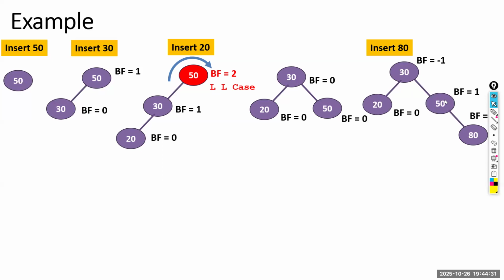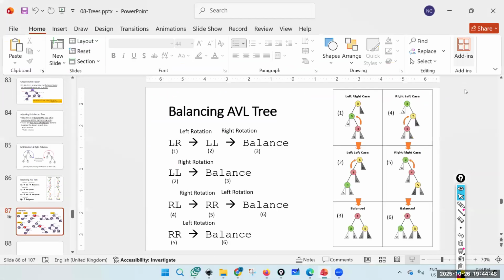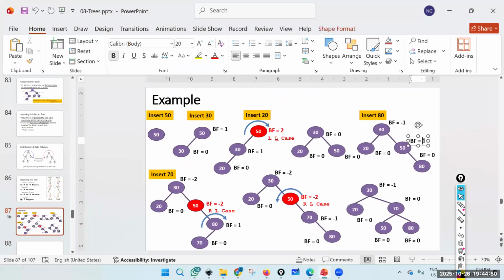Here, 0 minus 1, actually this balance factor is minus 1. And this one is 1 minus 2, minus 1. So that is fine. Let me fix it, because balance factor is left minus right.